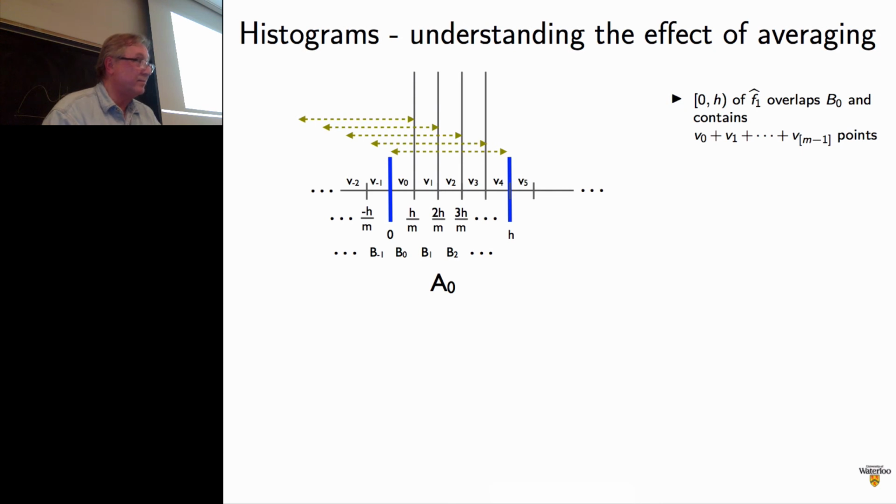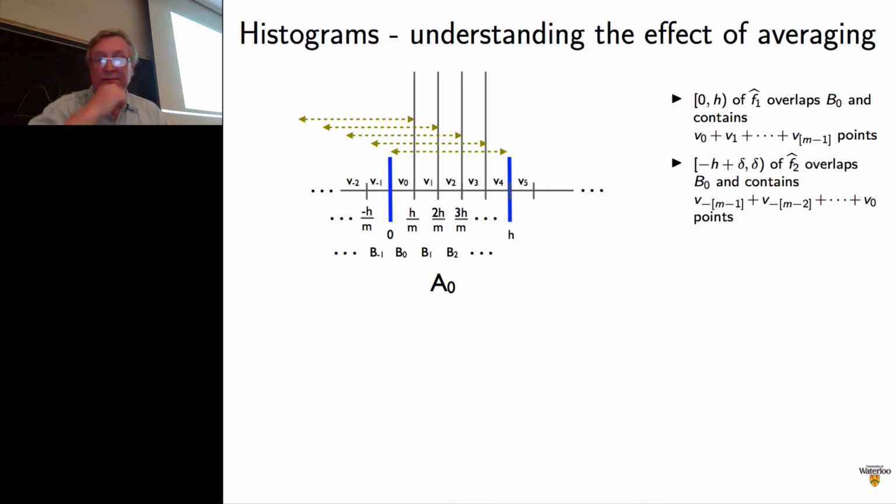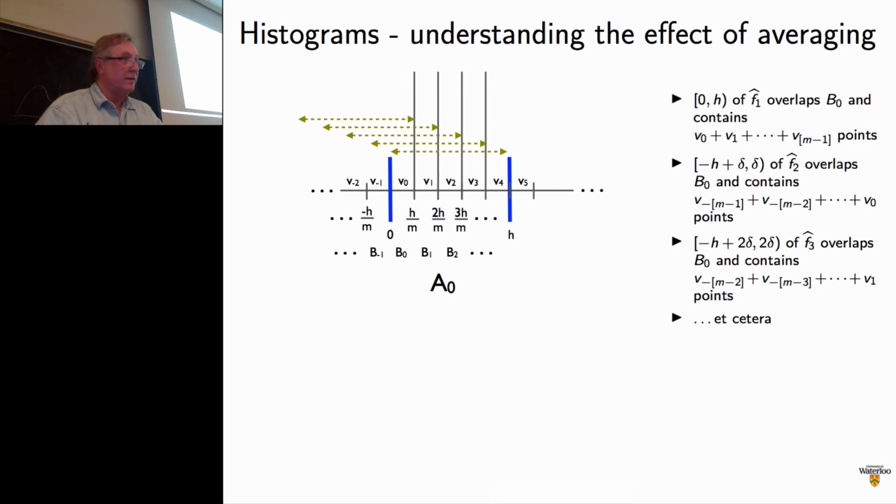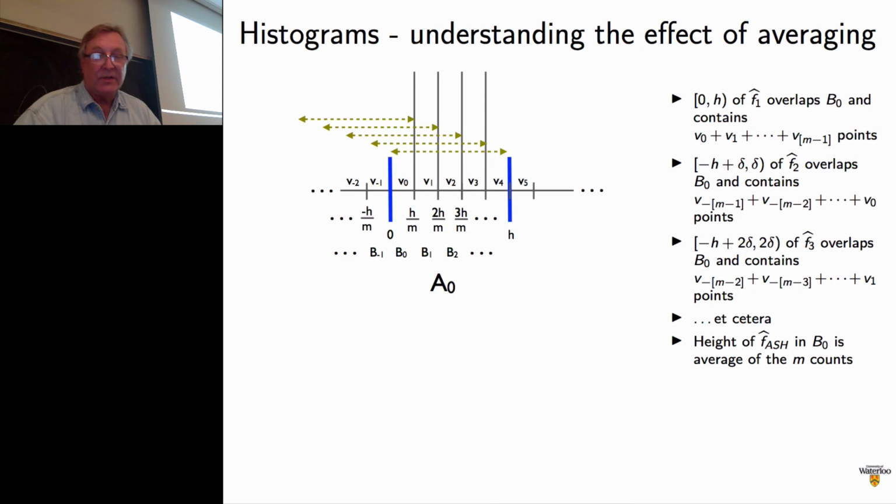Make sense? So what we're saying here is that this particular interval of F2 hat overlaps and contains those points. This is general with general m. So for each one of these, we can talk about what are the values that cover that, what is going to be the height of that histogram bar. And now our estimate is going to be the average of the m counts, right?